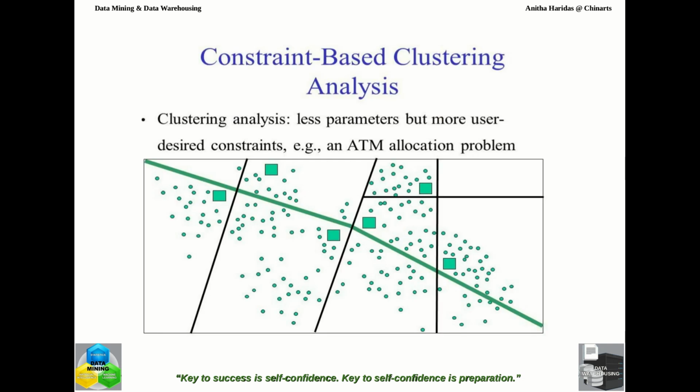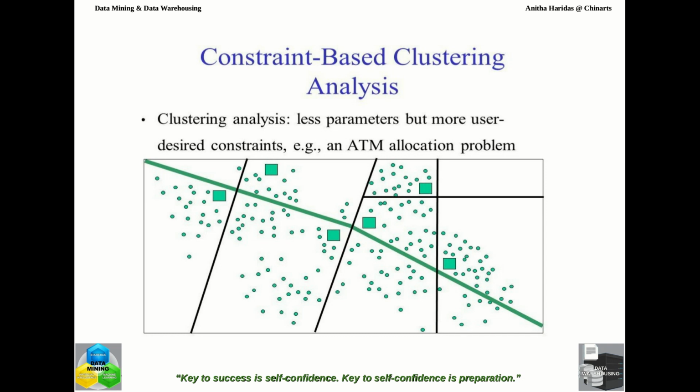This is one example of constraint based clustering, the ATM allocation problem. While allocating the ATM, what are the different constraints you want to specify? The maximum number of ATMs, whether the location is to be an urban location or a rural location, or whether you want to have a bank nearby that particular ATM.